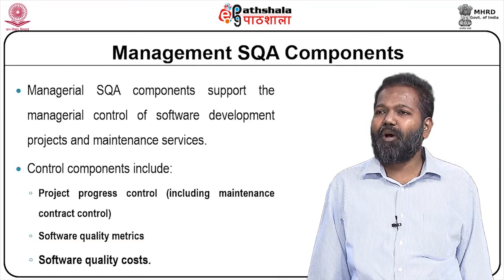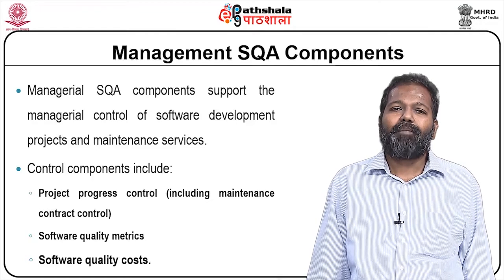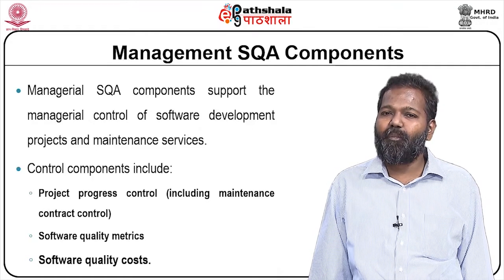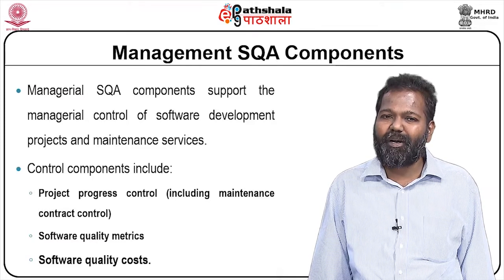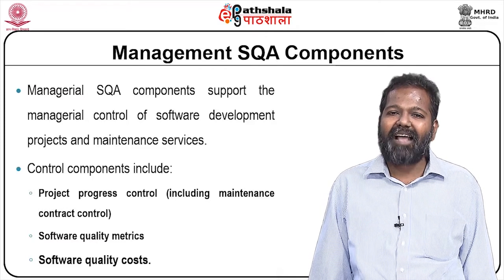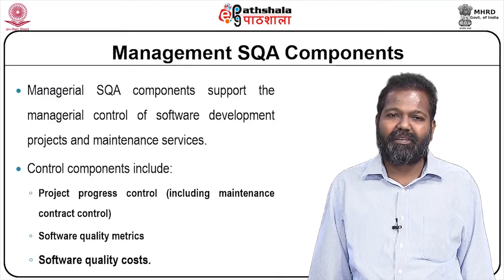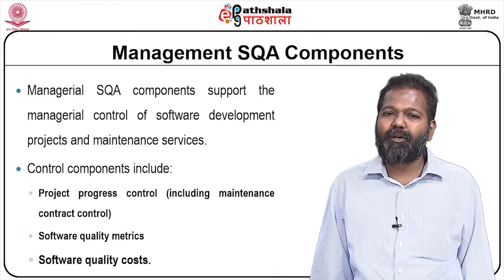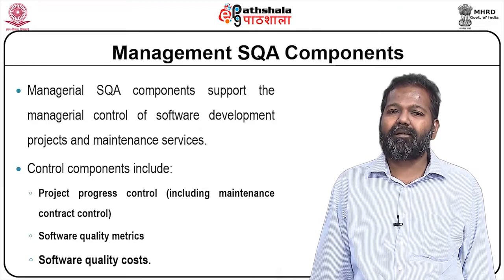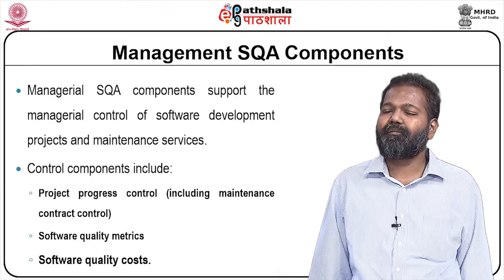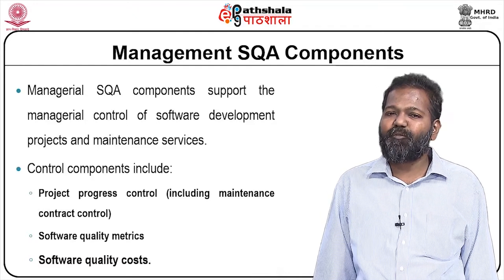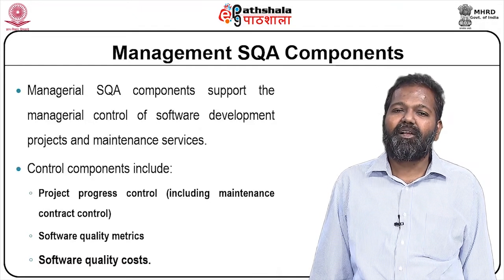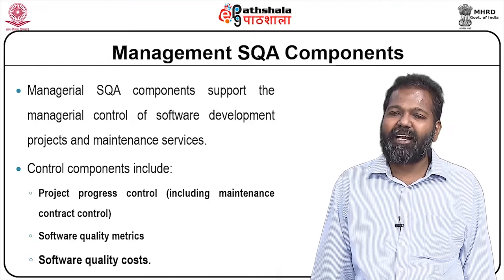Managerial software quality assurance components. Managerial software quality assurance components support the managerial control of software development projects and maintenance services. Control components include project progress control, including maintenance contract control, software quality metrics, software quality costs.